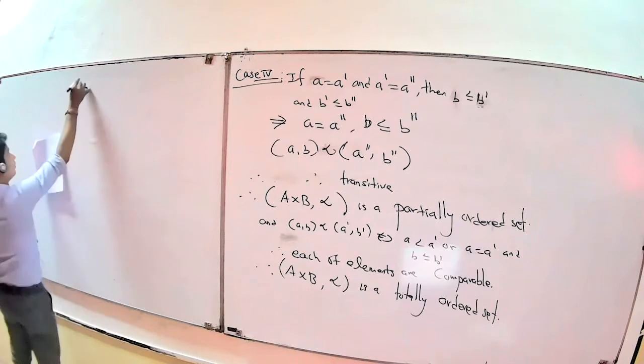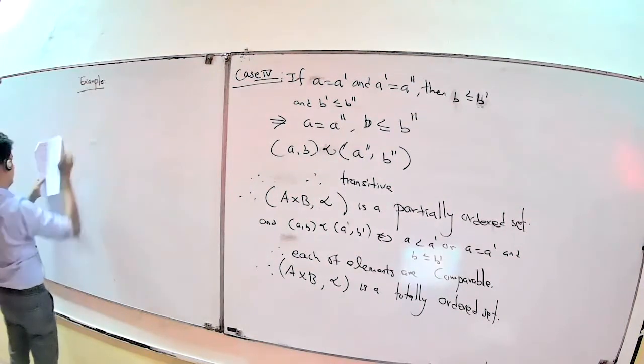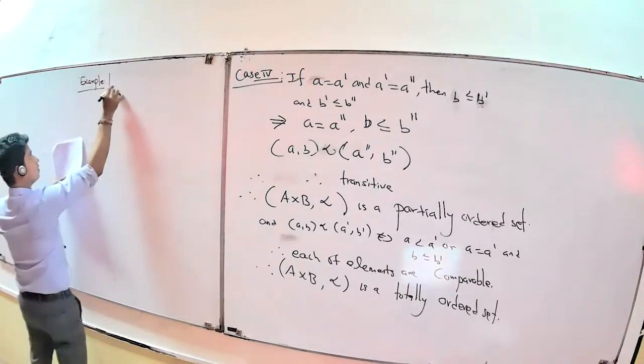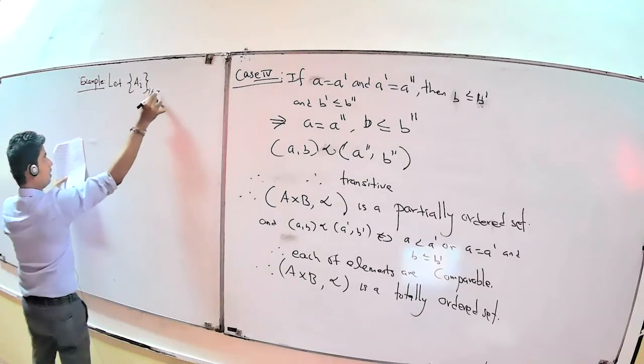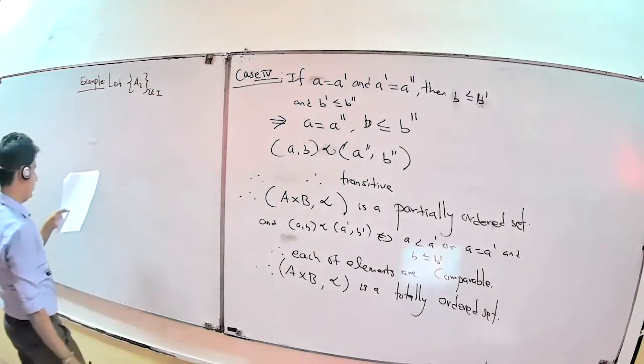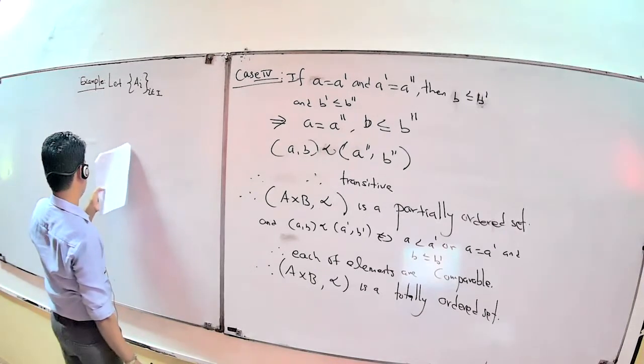Next example. Let A_i, i belonging to an index set, be a totally ordered family of pairwise disjoint totally ordered sets, right?